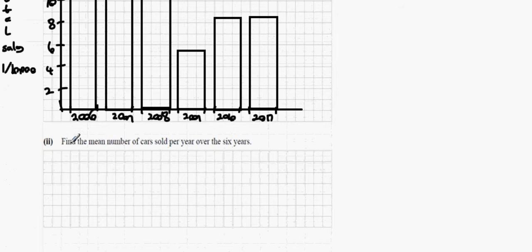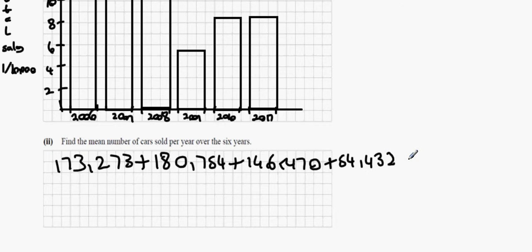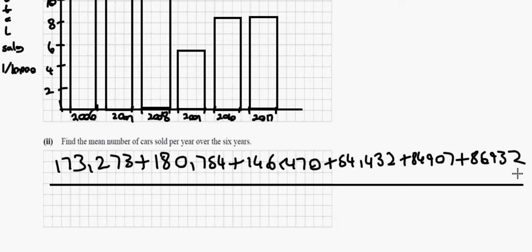What I'm going to get is 173,273 plus 180,754 plus 146,470 plus 54,432 plus 84,907 plus 86,932. And what I've got to do is divide all of that by how many years there is. So there's basically 6 years worth here. So divide all that by 6.